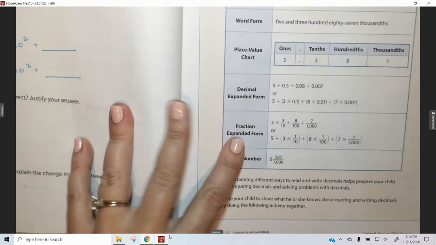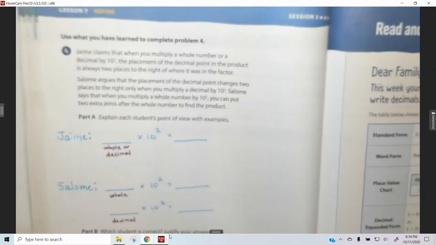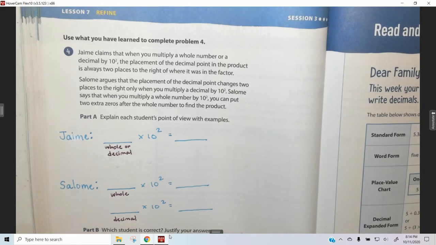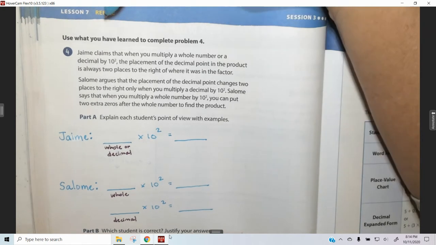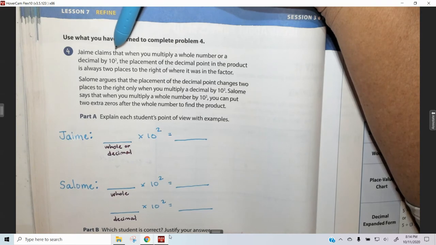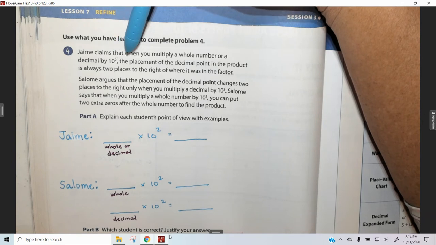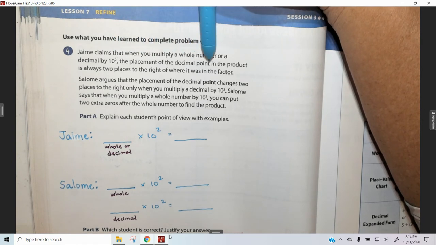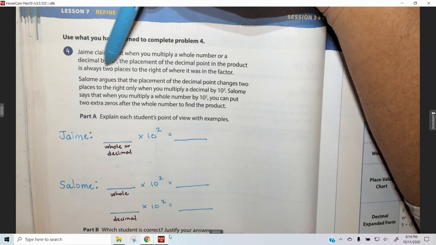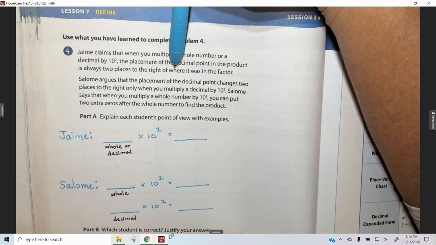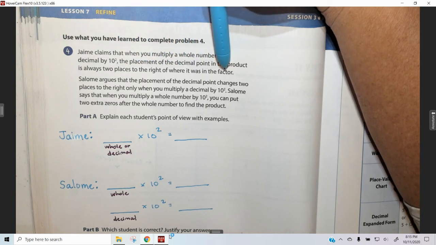Now, on page 142, this problem is going to take some thinking, so you really need to think about it, okay? It says, Jamie claims that when you multiply a whole number or a decimal by 10 to the second power, the placement of the decimal point in the product is always 2 places to the right of where it was in the factor.